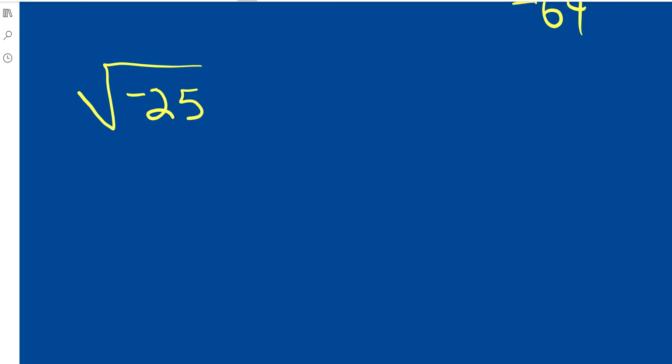I can have it under the third root or the fifth root, or the 7th root, all the odd indexes, but not the square root, because I'm looking for two numbers that are the same that'll multiply to give me negative 25. And you can't do it. One number has to be negative, the other has to be positive. So this one is going to be not real for right now.